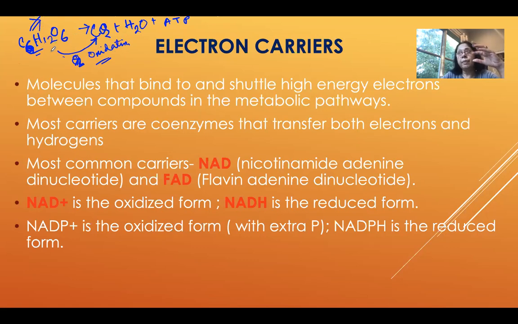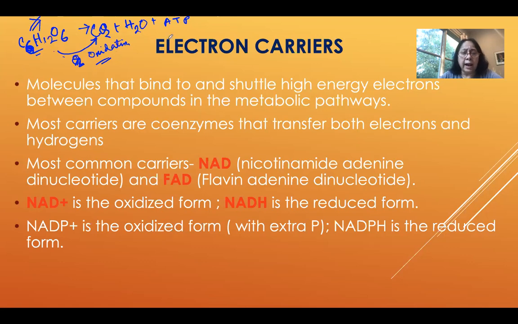Okay, so remember that addition of oxygen is oxidation. If addition of oxygen is oxidation, then losing of hydrogen is also oxidation. Okay, so over here, this is the process of oxidation.